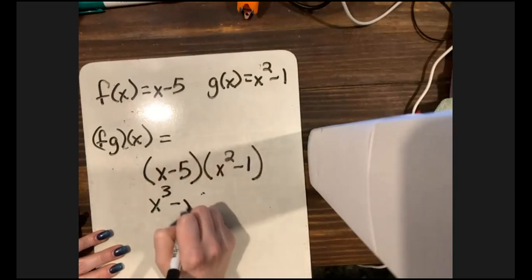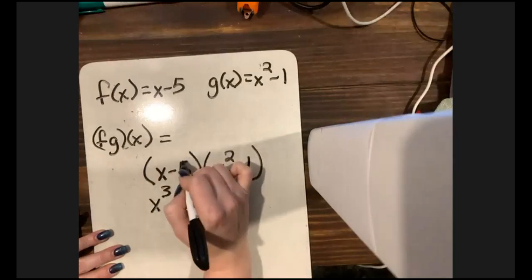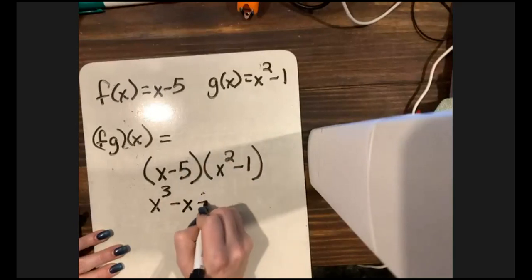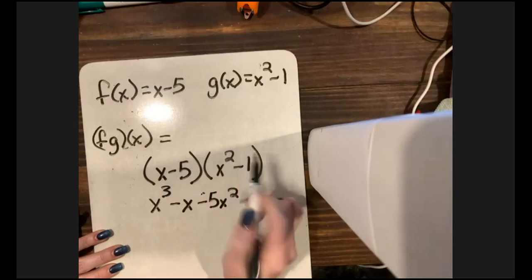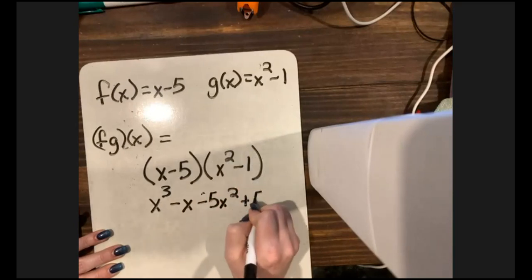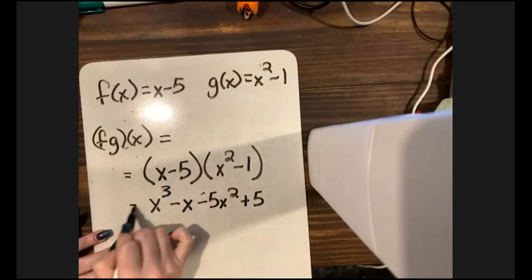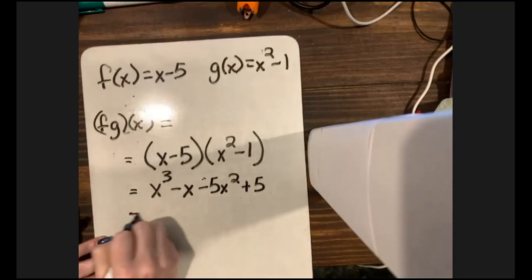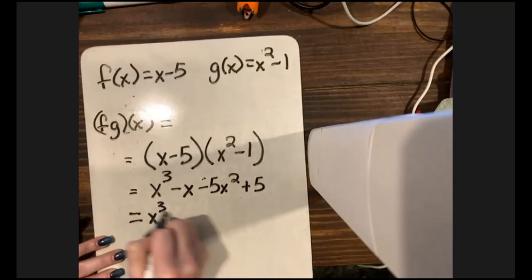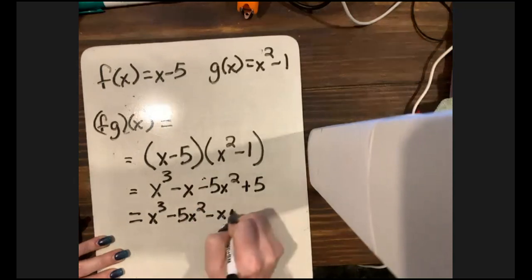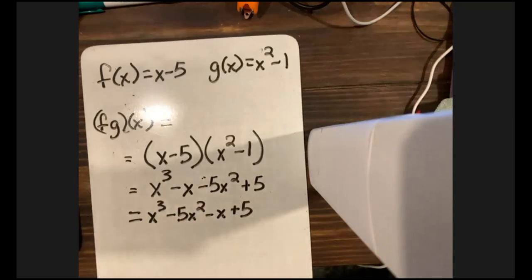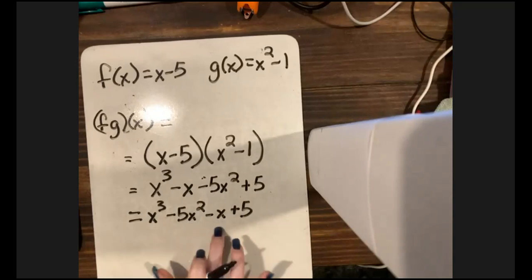Going far side, minus x. Going that inners, I've got minus 5x squared. And then last, I'm going to get positive 5. And again, we can do a little bit of housekeeping with it, getting those powers reducing as they go down.